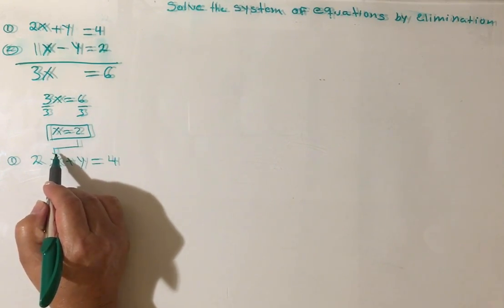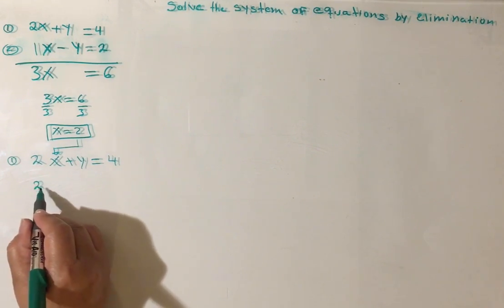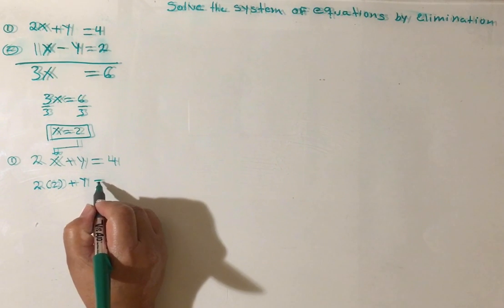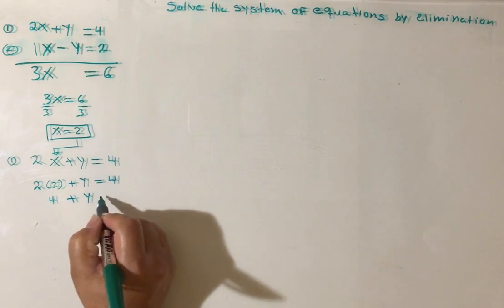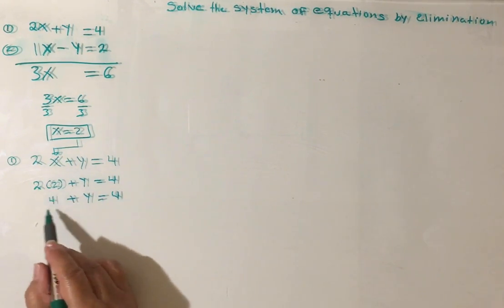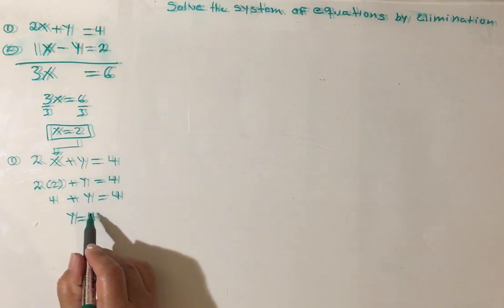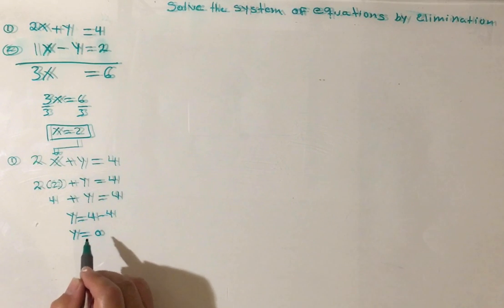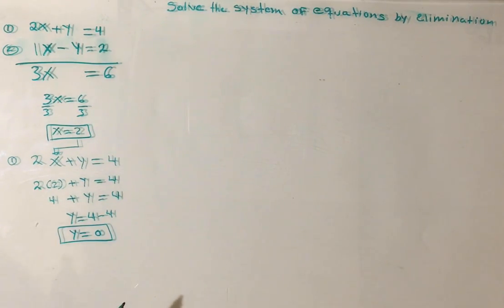So I'm going to replace the value of x in there, and I will just solve for the variable that is left, which in this case is y. From here, I can send this 4 to the other side as negative, and I'm going to end up with y equals 4 minus 4, so y equals 0. So there is the value of the other variable, right?